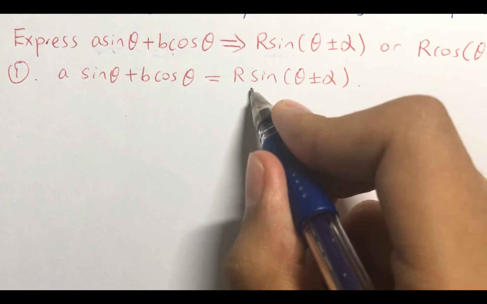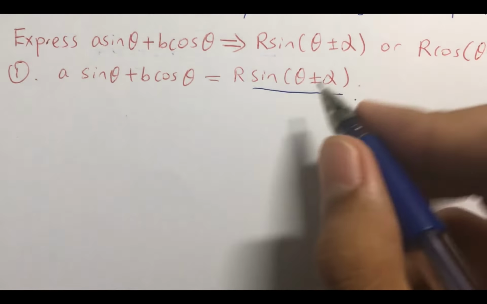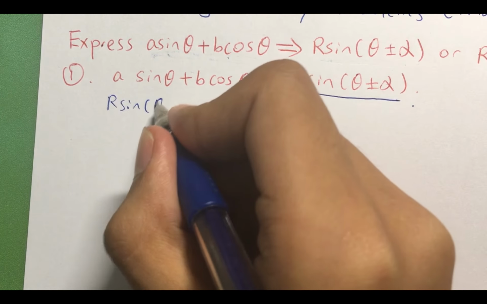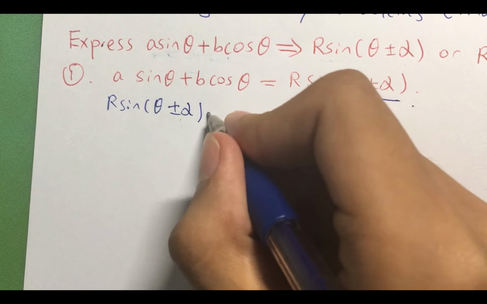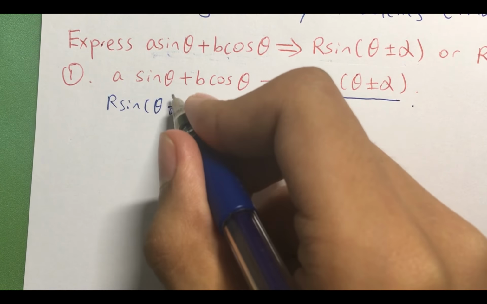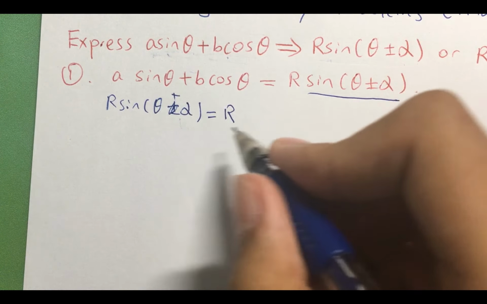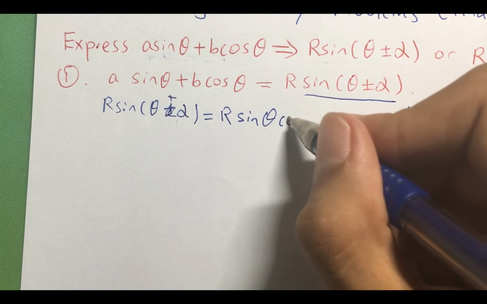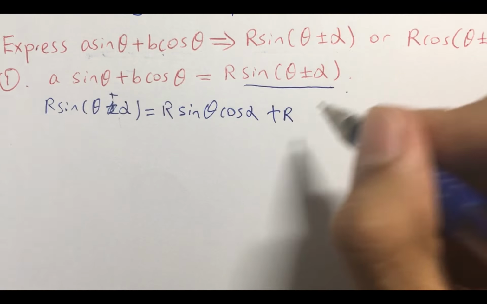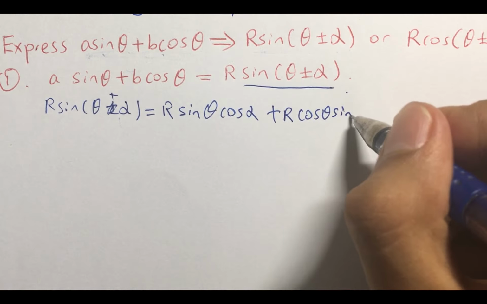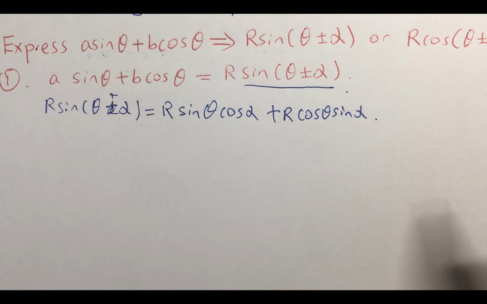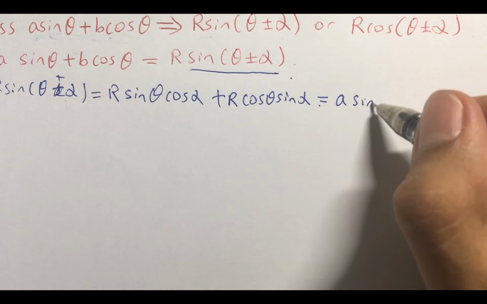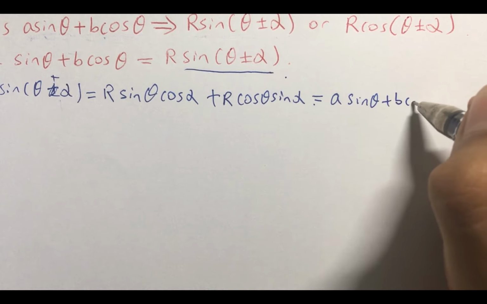Using the compound angle formula, and just doing the plus because minus is the same thing, this becomes r sine theta cosine alpha plus r cosine theta sine alpha, and this is equal to a sine theta plus b cosine theta.